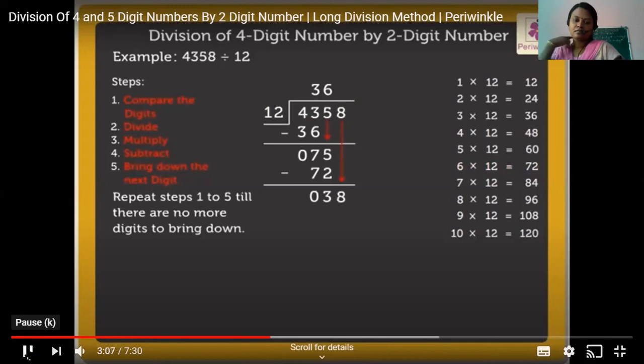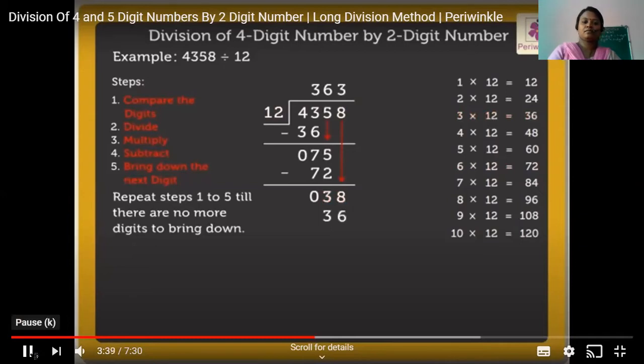So, here we again compare 38 and 12. Here, 38 is greater than 12. So, we can divide 38 by 12. The nearest product in the table of 12 to 38 is 36. So, we write 3 in the quotient above the 8 and 36 under 38.